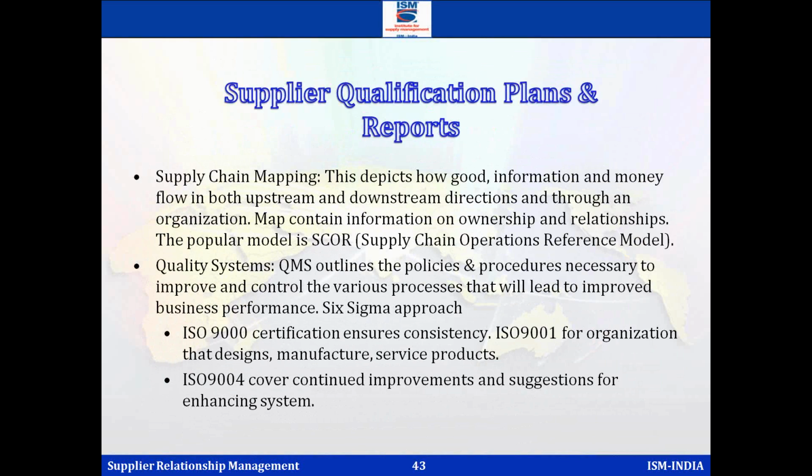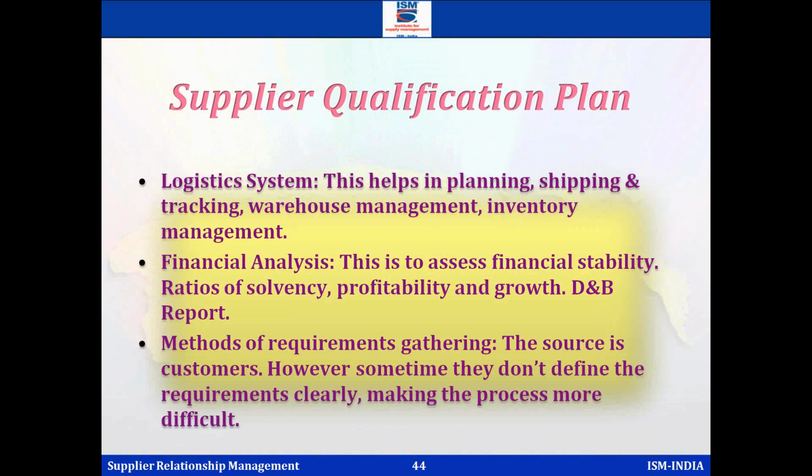Quality systems, you need to ensure the supplier has got ISO 9000s. Supplier has got these certifications around which may help you to improve the product. Again, in the qualification plan, you will be obviously looking at the logistic systems, financial analysis of the companies around, whether financially the company is strong, whatever assets they have, are they getting the return on investments?